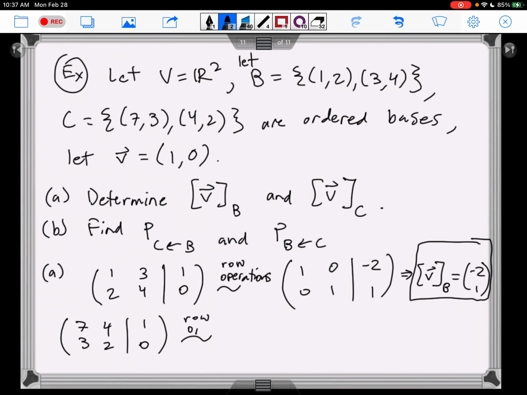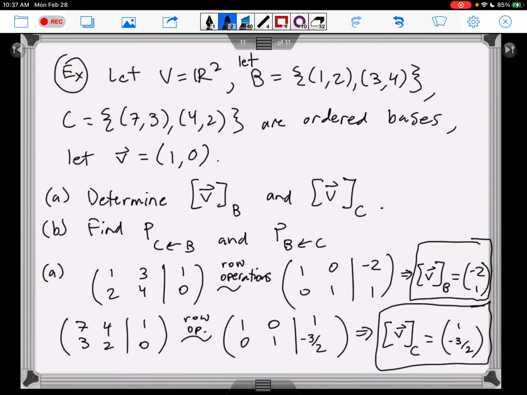And again, if we use row operations, we end up with 1, 0, 0, 1, and we have 1, -3/2. So this means that V relative to C is 1, negative 3 halves. Okay?